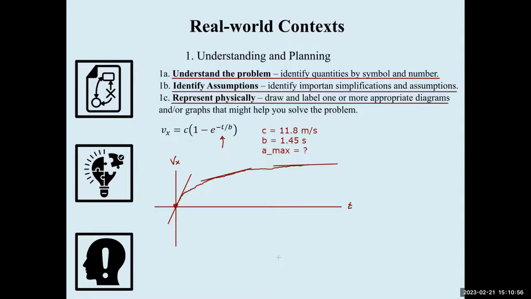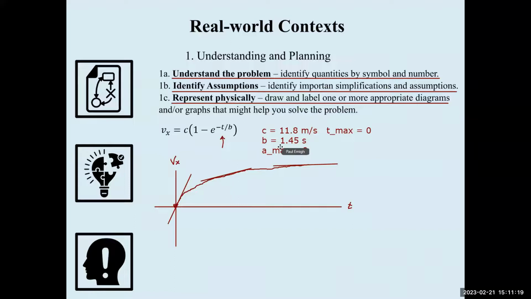I start from rest with no velocity, and then I have some big acceleration at the start, and then that acceleration tapers off once I get up to some known speed. So right away, I'm going to add this to my problem: t max, the time at which the acceleration is maximal, is going to be 0.